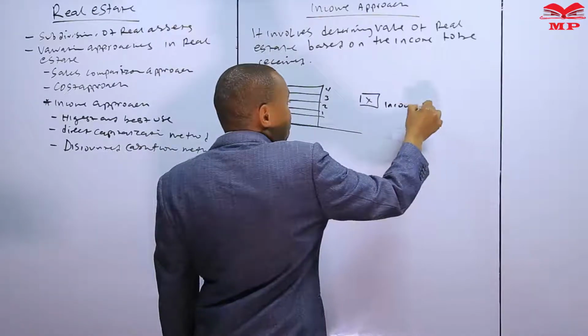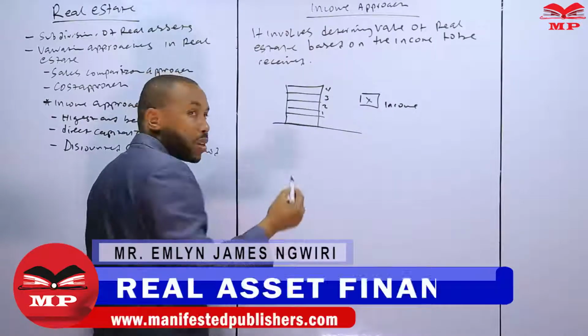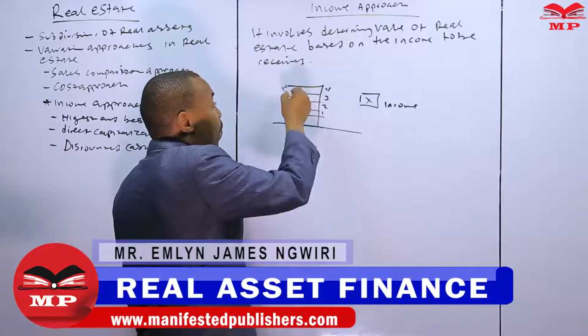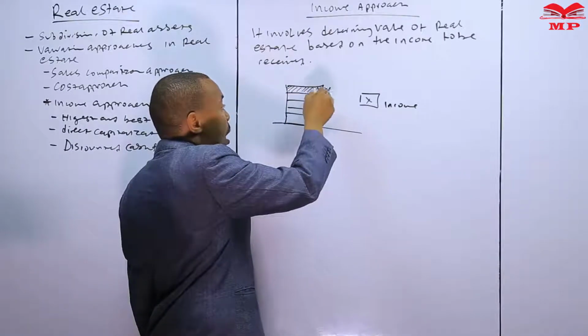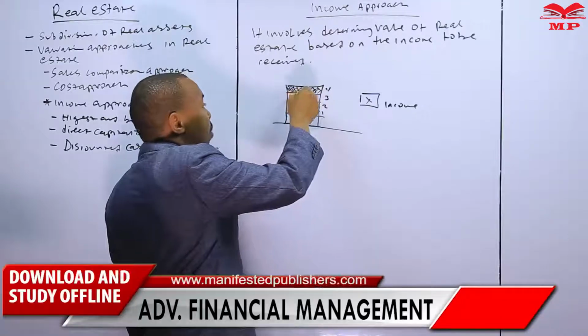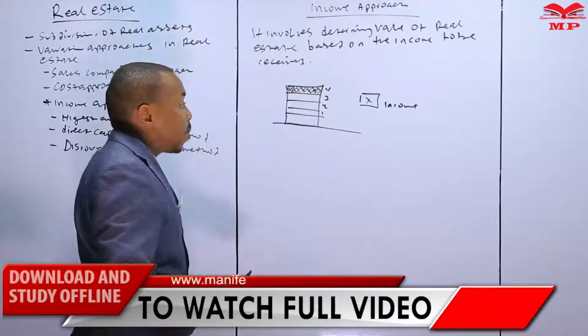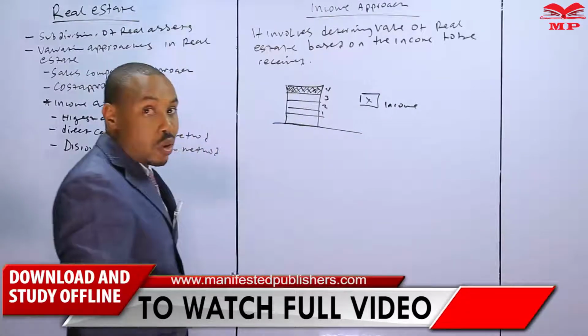Then you need to less the vacancy and collection losses. What are the vacancy and collection losses? If, for example, individuals do not want to take up a floor because it's too far up from the ground, then you need to less that component of vacancy and collection losses.